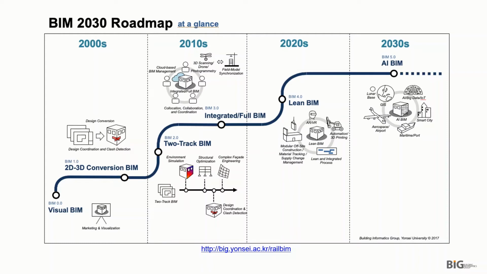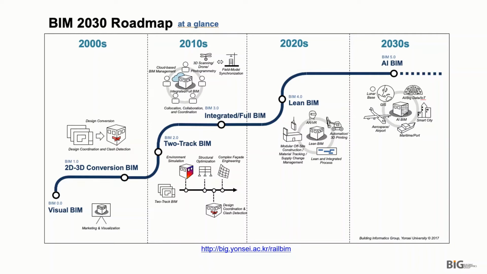This is a study done based on biannual surveys. I've conducted a survey every 2 years and conducted many case studies, and learned that there were several steps of BIM adoption. And now we are in the Lean BIM era. By Lean BIM, we are trying to convert our industry into a more manufacturing-oriented industry.